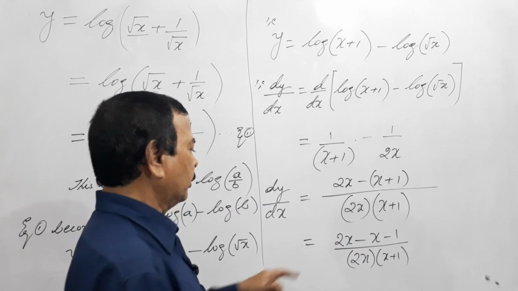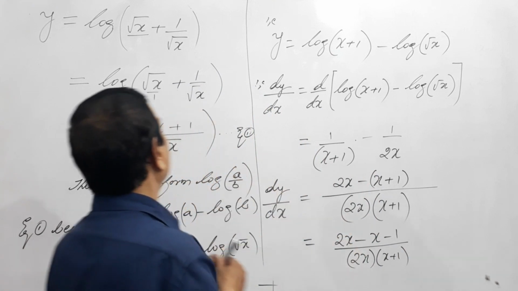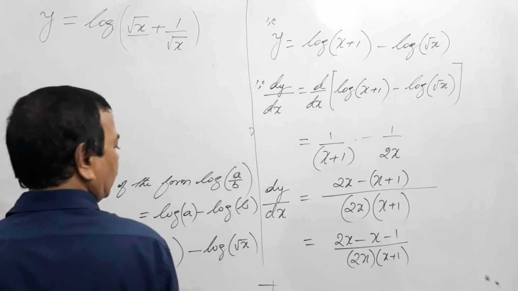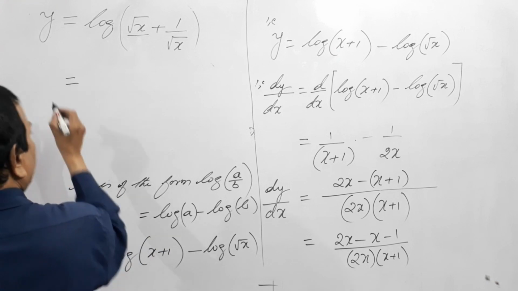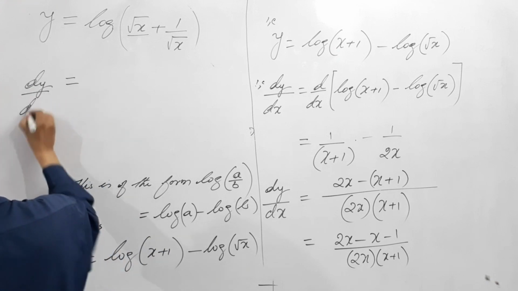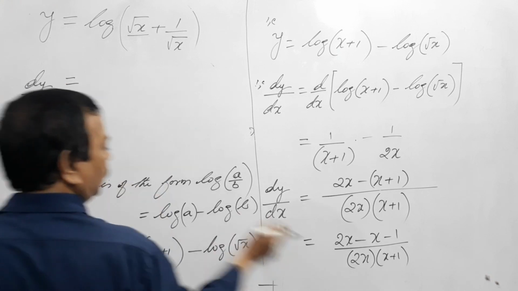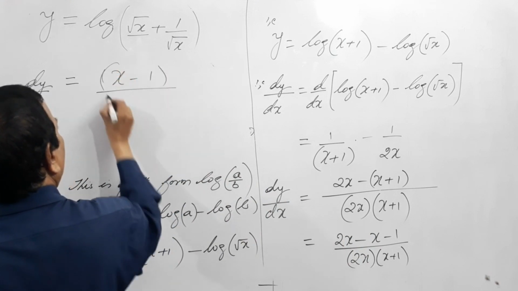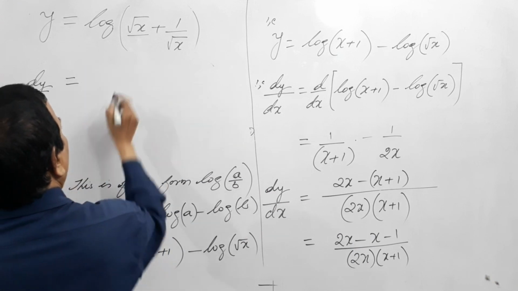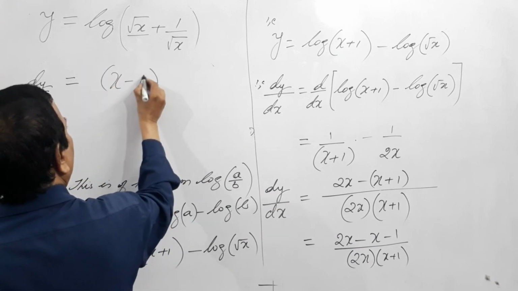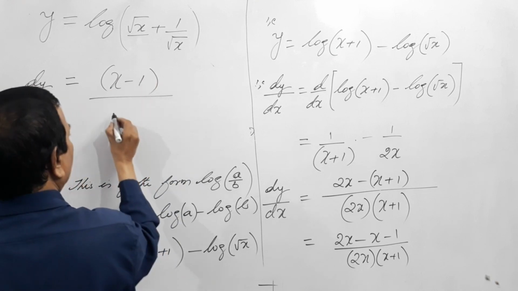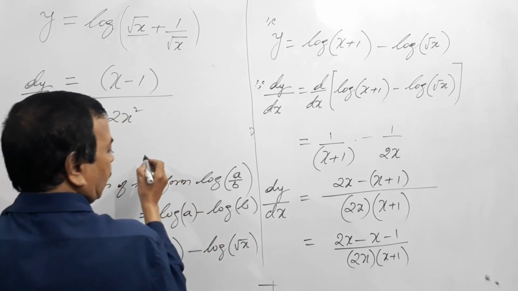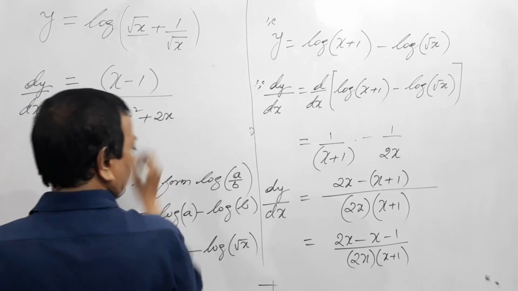So here 2x minus x is x minus 1, that is dy by dx equals x minus 1 by 2x square plus 2x.